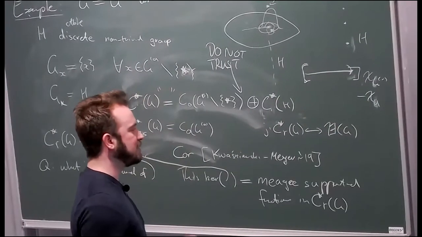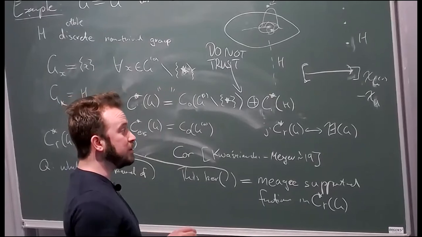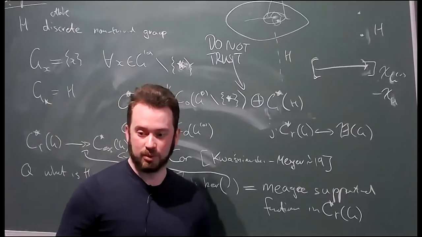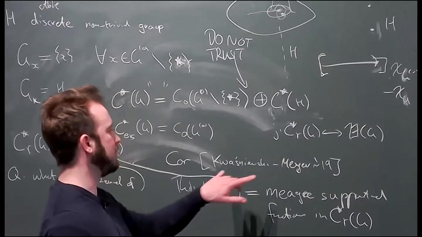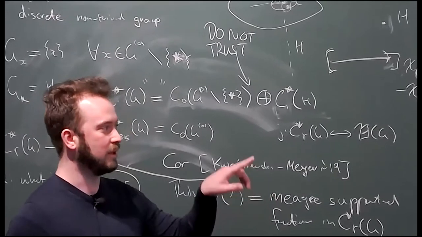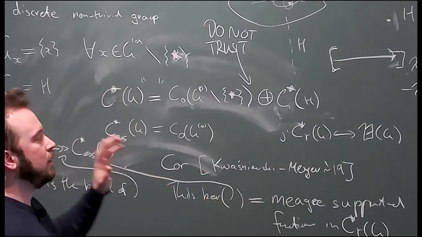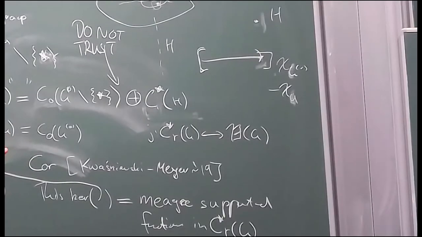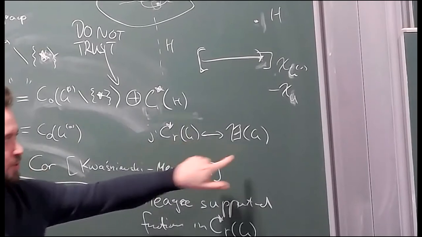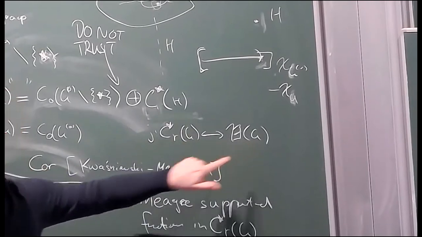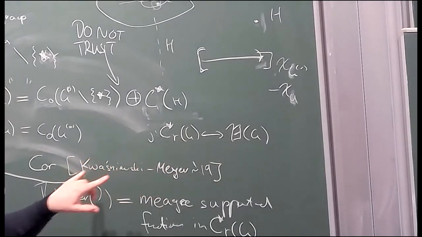In fact, Renault didn't prove that this exists for non-Hausdorff groupoids, only for Hausdorff. This is another result of Bartosz and Ralph that shows it works in the non-Hausdorff case, and you can genuinely think of objects in here as functions on G. So this is non-trivial, but it definitely exists.